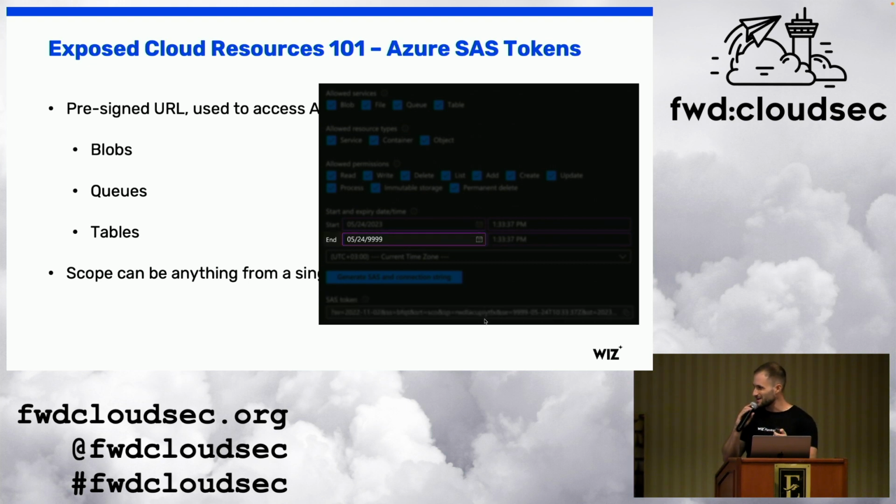And when it comes to the expiry, where AWS S3 pre-signed URLs are capped at 2 weeks, Azure gives its users much more freedom. When it comes to the expiry, the sky is essentially the limit. So now, when I press the Generate SAS Token button, I'm left with a pretty easy to share URL.